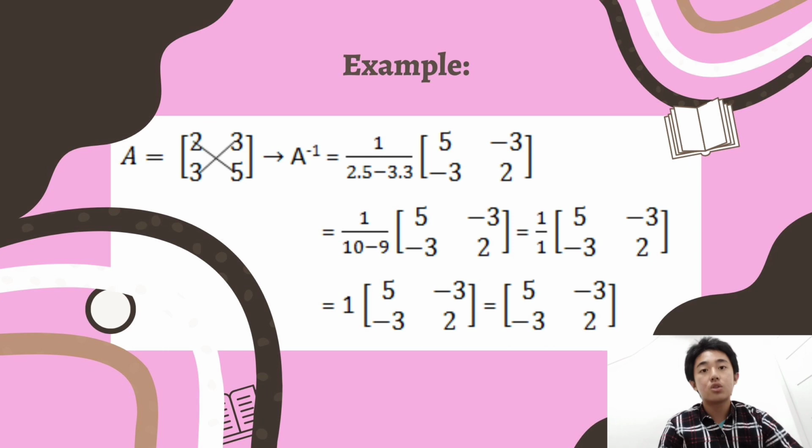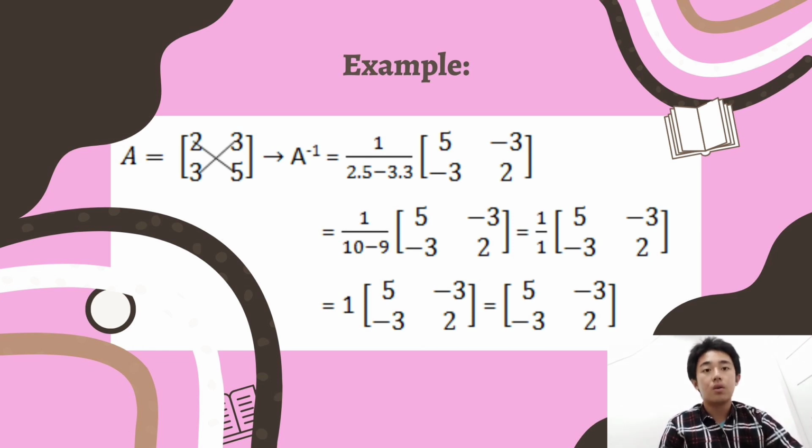It is actually a switching between A and D. The earlier one had A as 2 and D as 5, so we switch the positions of A and D, and that becomes 5, negative 3, negative 3, and 2. The negative 3 comes from the formula, because the formula states that B and C become negative. So that's what we got.